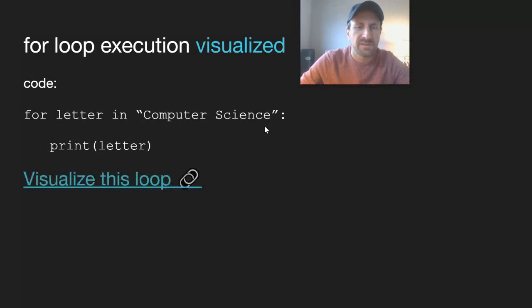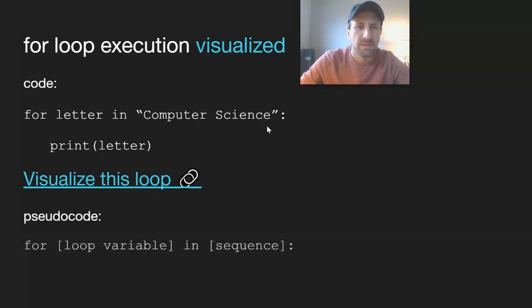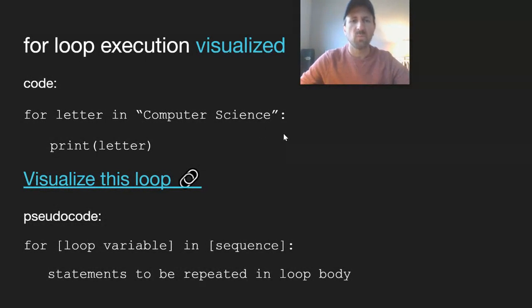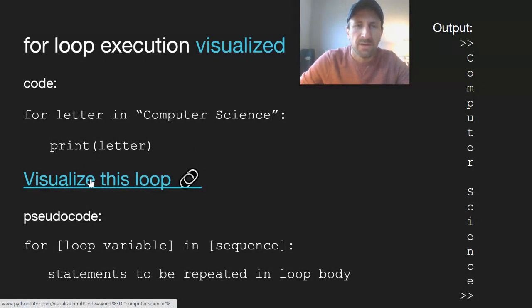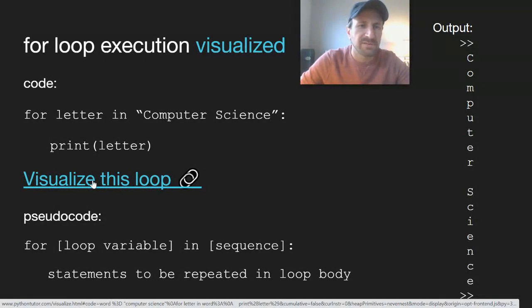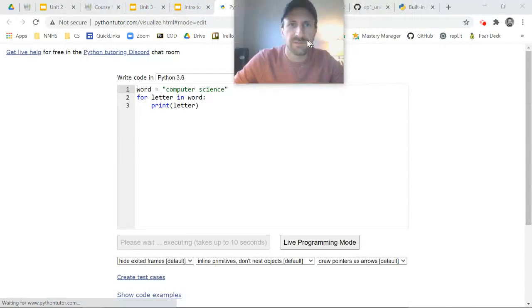All right, so this example, we're going to run through something called the Python visualizer. And again, this is what the output's going to look like from that execution. But let's step through this and visualize this using this tool.